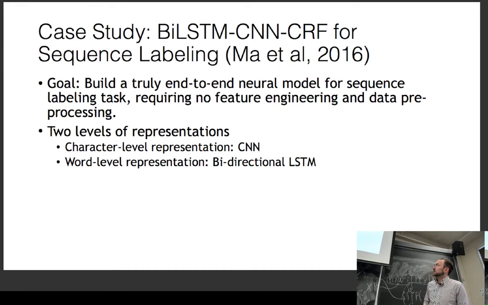And basically the idea is you would like models that work well for basically any sequence labeling task, and you don't want to engineer them too heavily by designing feature templates, et cetera. And the model is relatively simple. It's something that you can already do with the stuff that you learned in this class, plus the stuff that I'm talking about today.